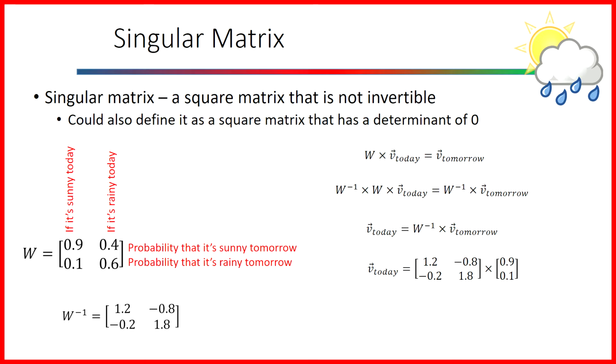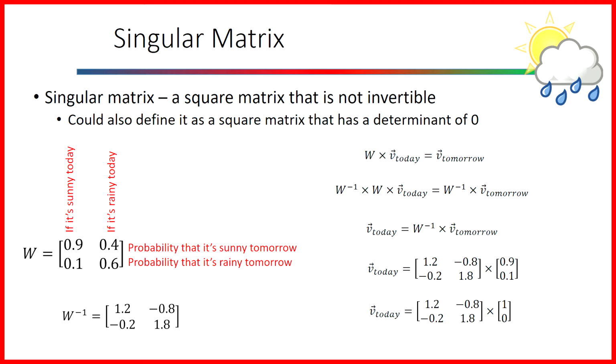Then we multiply this out and we find that V today equals 1, 0, so that means it was sunny today. And that tells us that we need to go out and water our plants. Okay, good. That was not a singular matrix.